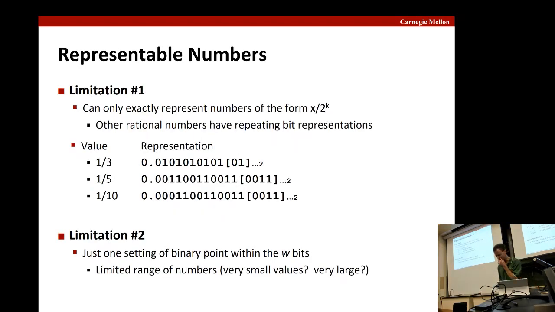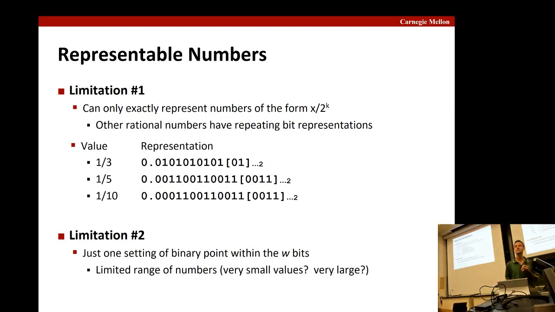Okay, so there are some limitations that arise immediately. The first limitation is that the base dictates what numbers you can represent concisely. For instance, when the base is 2, I can easily represent a half, a quarter, and so forth, and 3/4 and things like that.